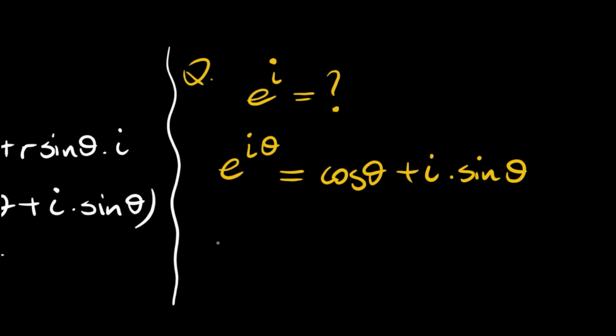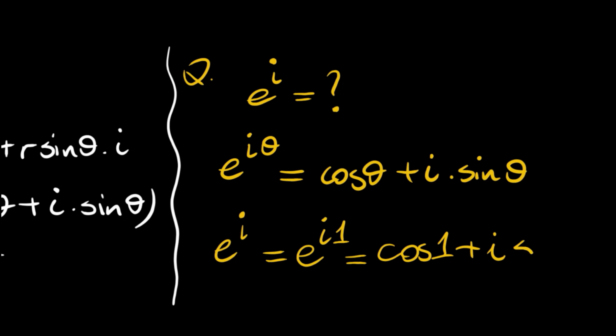So e to the power of i can be seen as e to the power of i times 1 actually. So this is equal to cosine 1 plus i times sine 1.